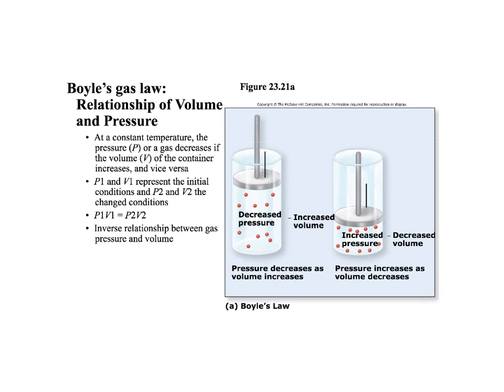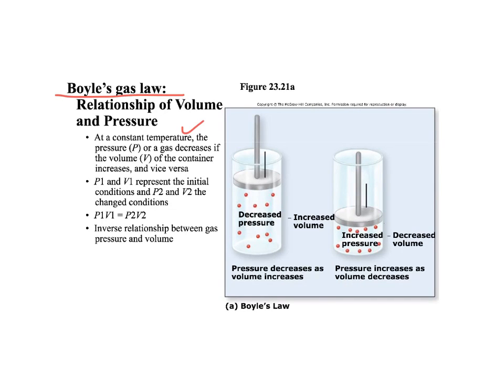Now, this is one of the gas laws. It's called Boyle's law. Boyle's law is basically saying that there is a relationship between pressure and volume. At a constant temperature, the pressure of a gas decreases if the volume increases and vice versa.